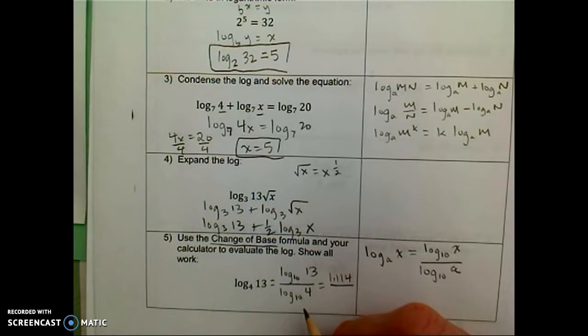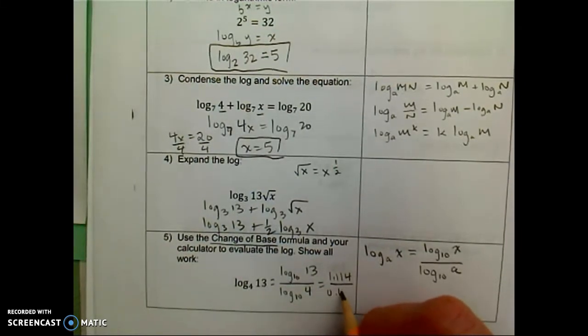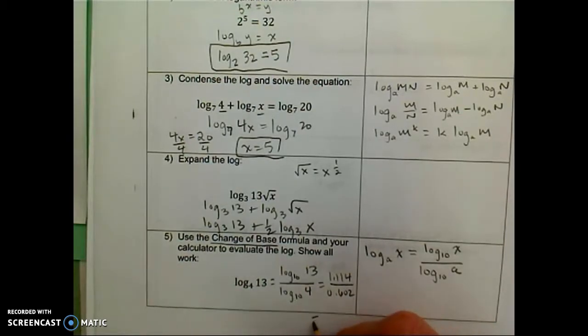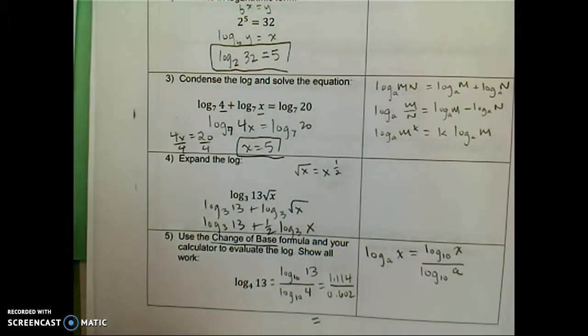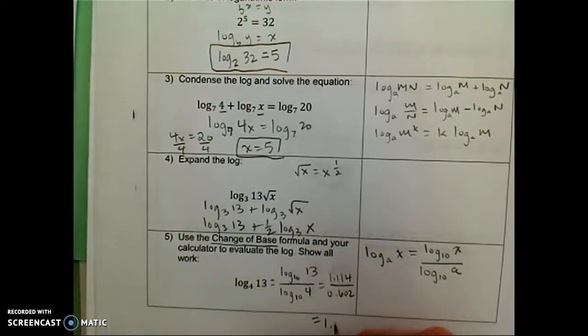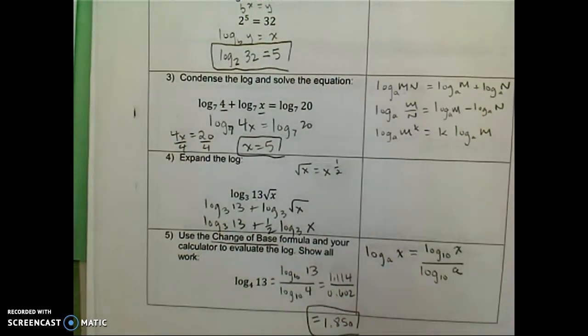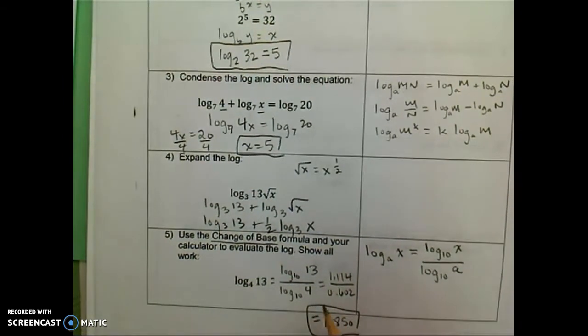The log base 10 of 4, 0.602. So when I divide those two out, I get 1.850. So the change of base formula allowed me to use my calculator to evaluate this log expression.